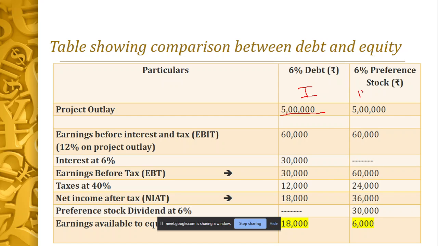Or I do have a second alternative where I can bring the required necessary capital in the form of preference stock. Even the preference stock here is bearing 6% of interest on the face value of the shares. Now both are same project, but then I have two alternatives through which I can manage to raise the fund.